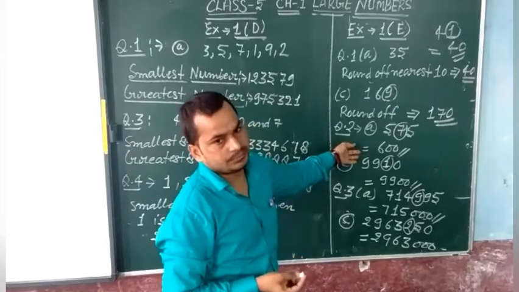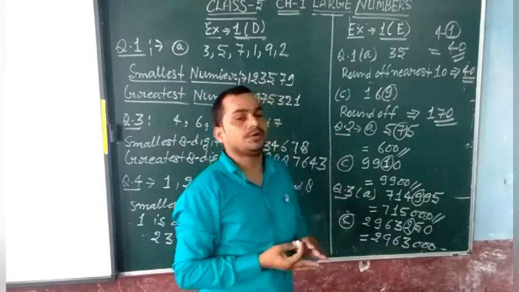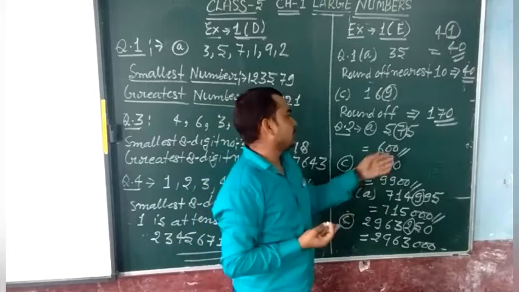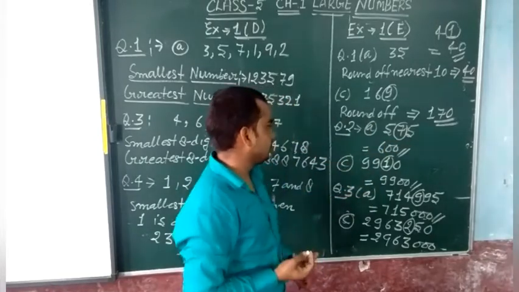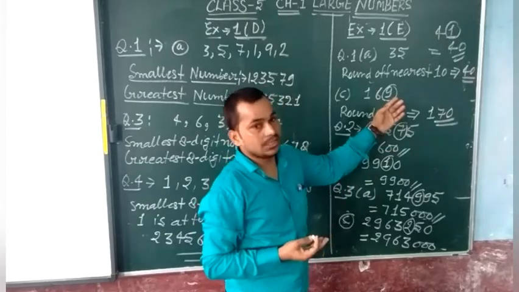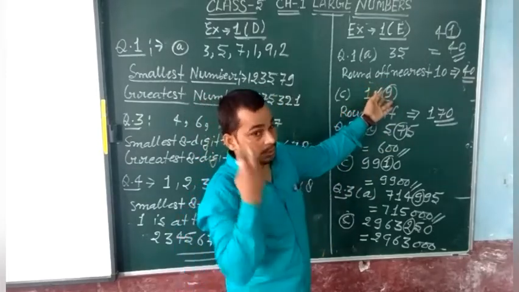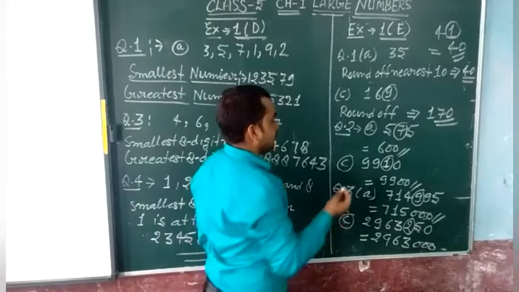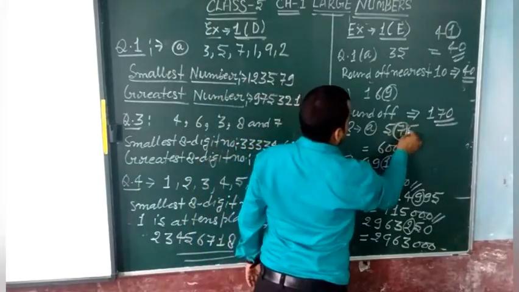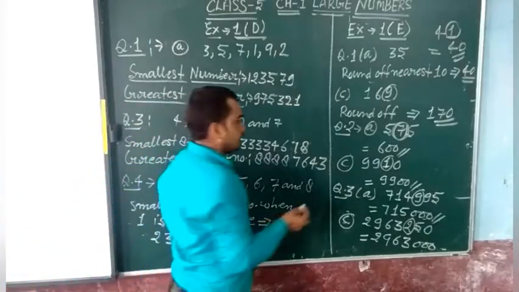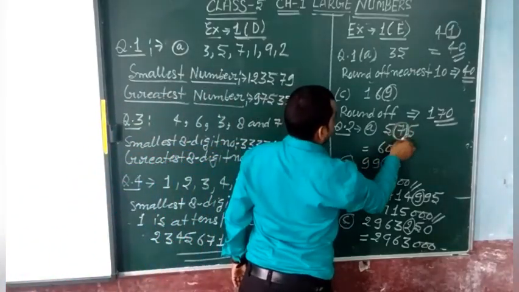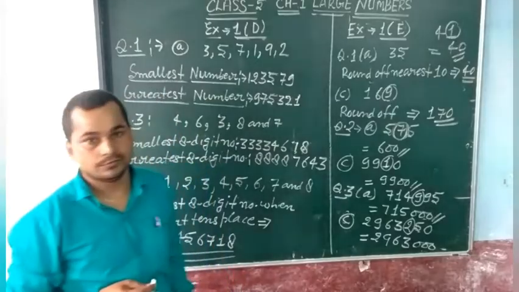Now nearest 100. When we talk about nearest 100, we look at the tens place of the given number. The same rule applies as in rounding off to 10. Here we look at the tens place. So here the number is 575 and the tens place digit is 7, which is more than 5.